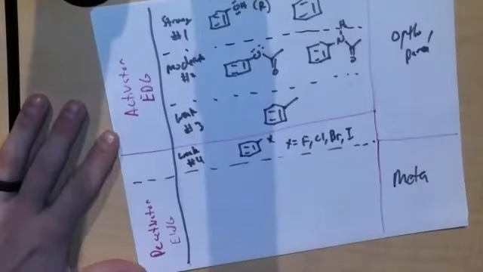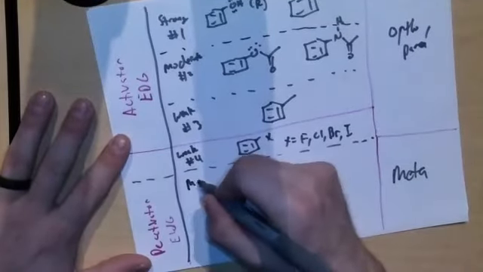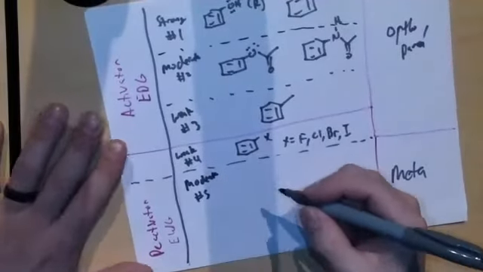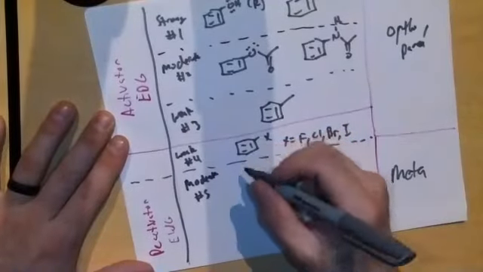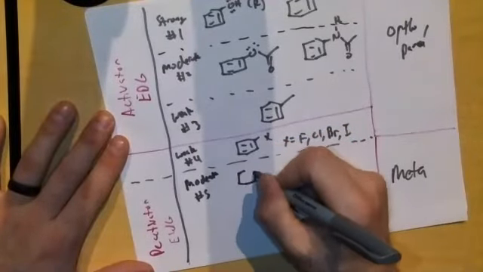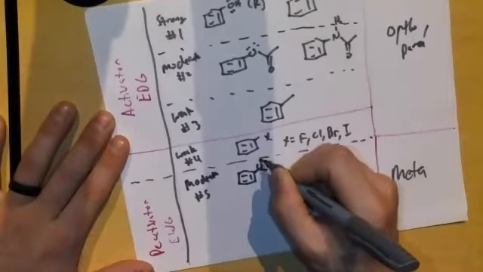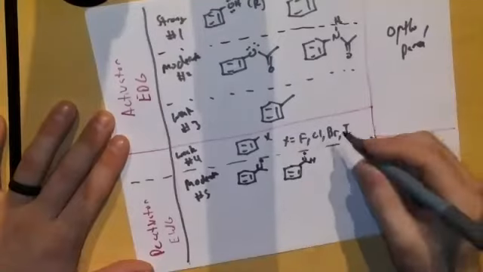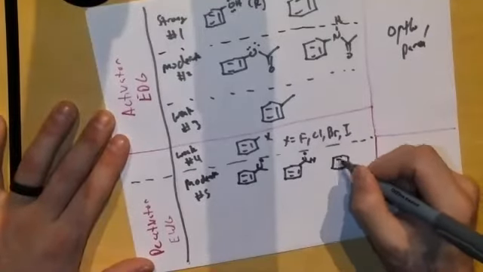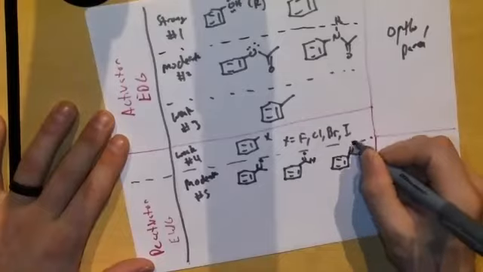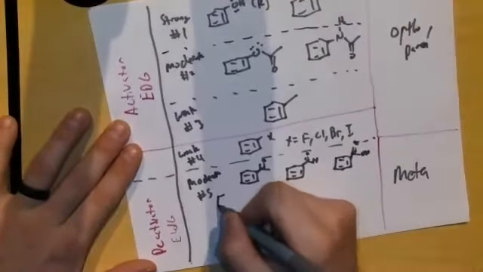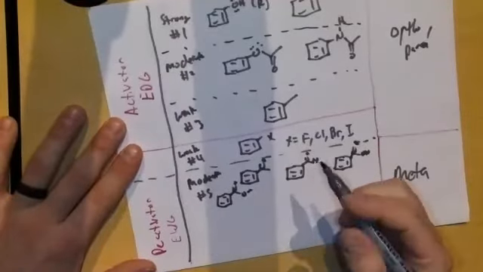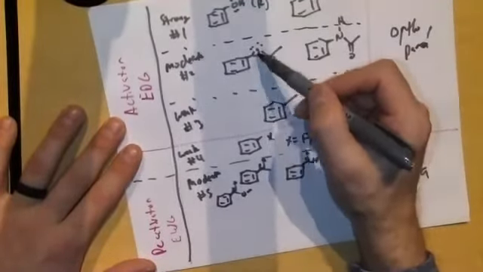Our group five is where we start having meta directors. These are moderate deactivators. And this is going to be anything with the carbonyl directly attached to the ring. So ketone, aldehyde, carboxylic acid, ester, where the carbonyl is attached to the ring, as opposed to this ester up here where the oxygen is attached to the ring.